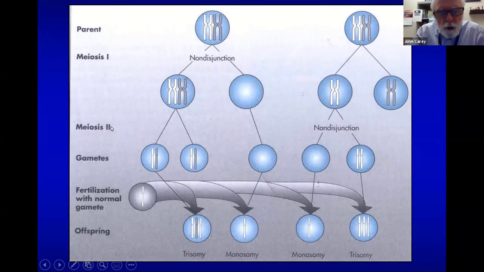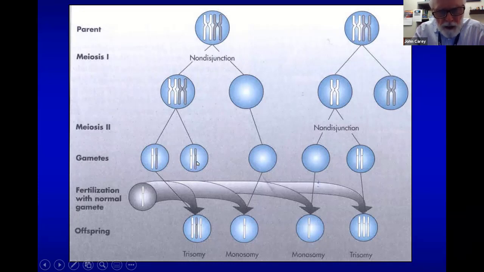In meiosis 2, the chromosomes split from top to bottom, longitudinally, from the tippy top to the bottom, and then you end up with what they call chromatids now, here and here, and here and here. And you can see these two gametes, future sperm, because we're talking about a father, have two 18s, since we'll just use 18 as our example.